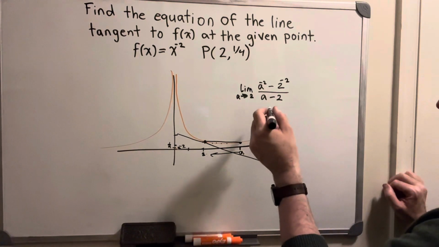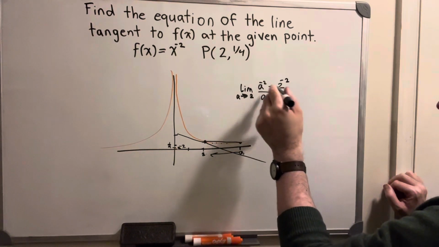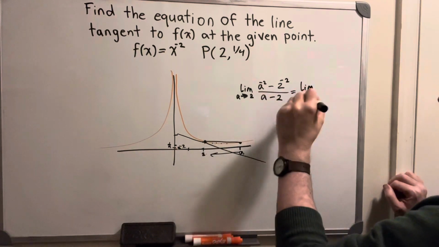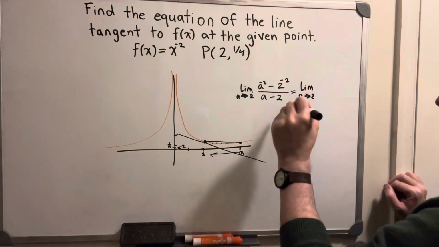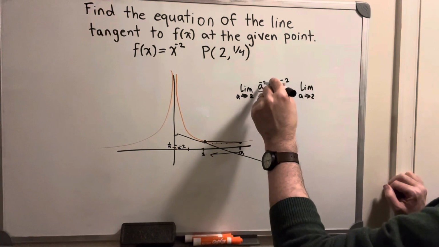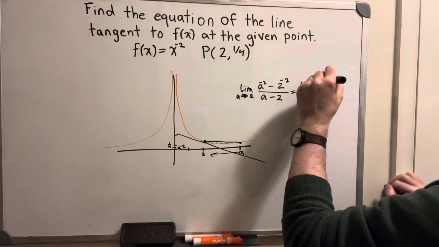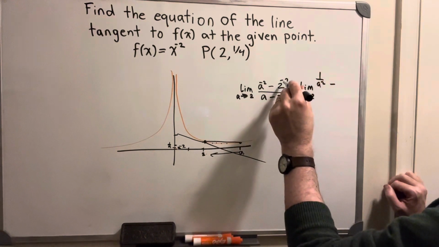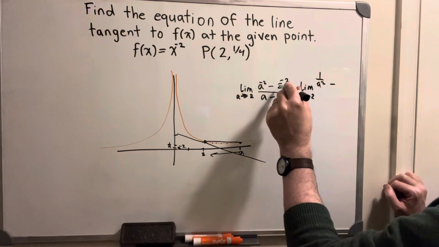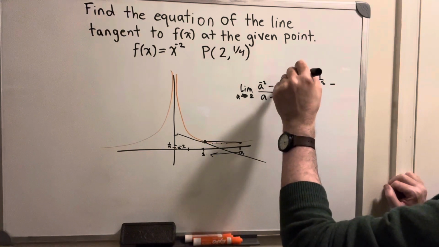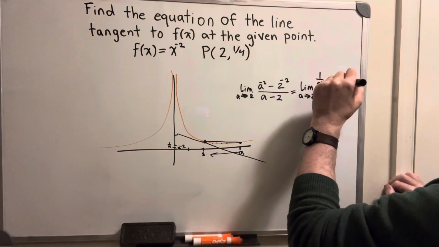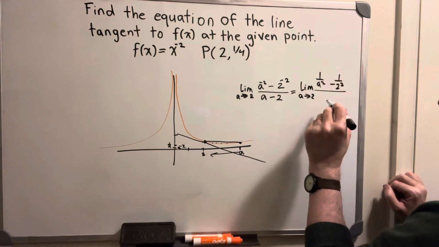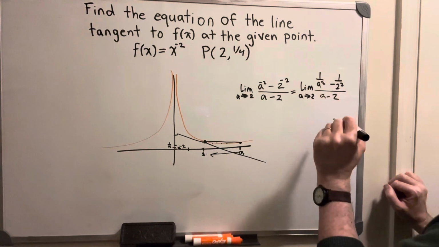Okay, here's an idea. Now we can rewrite this as the limit as a approaches 2. Now, a to the minus 2 is the same thing as 1 over a squared, and minus 2 to the minus 2. 2 to the minus 2 is the same thing as 1 over 2 squared. And all of this over a minus 2.